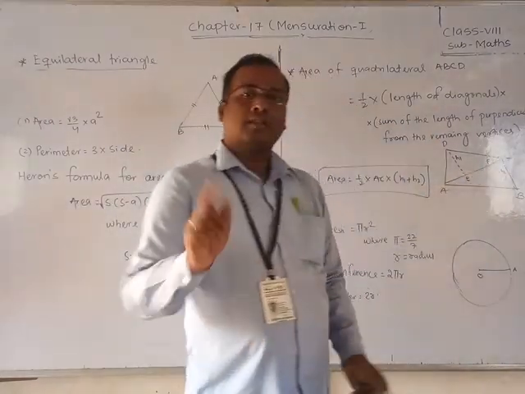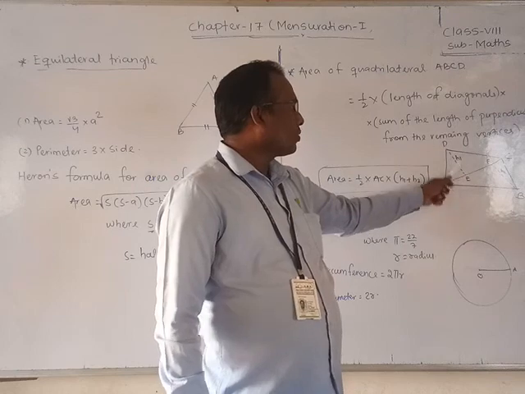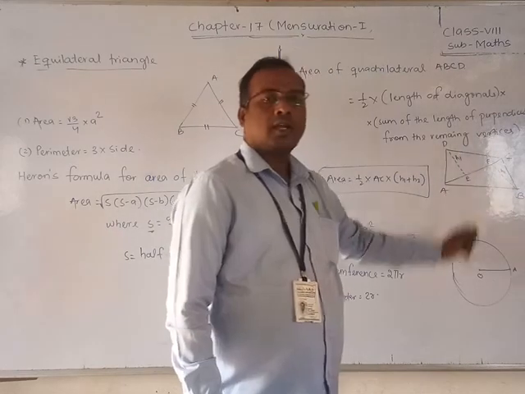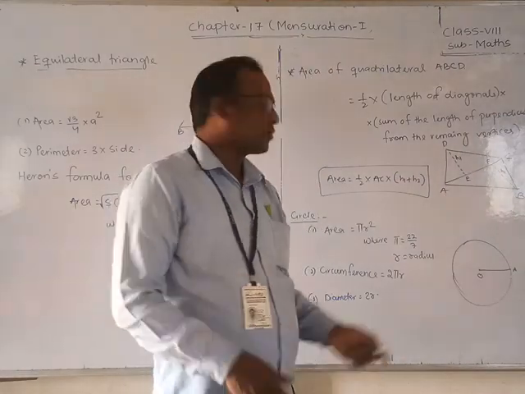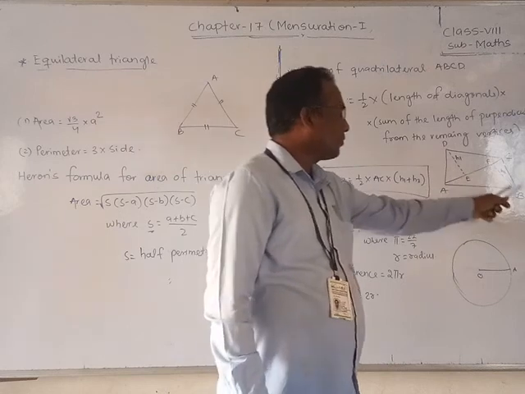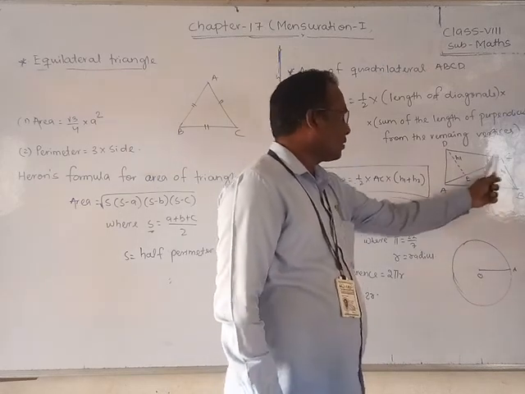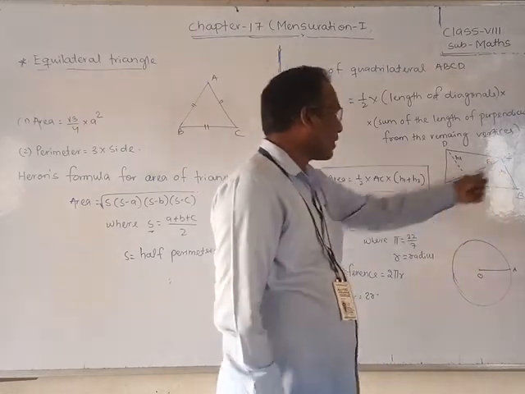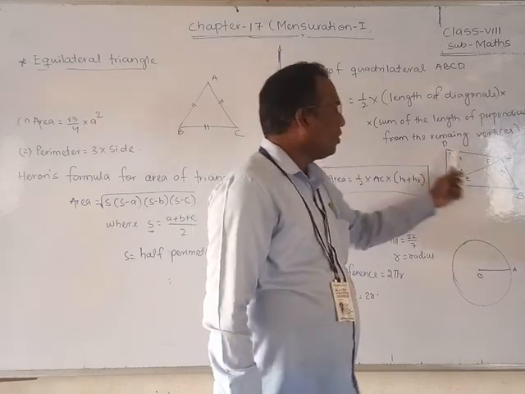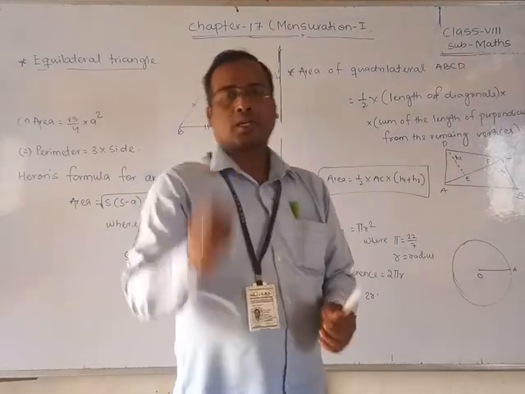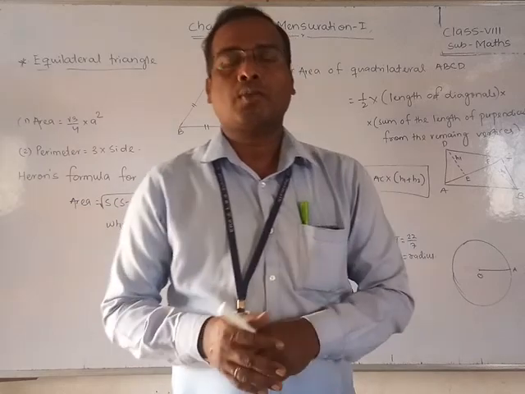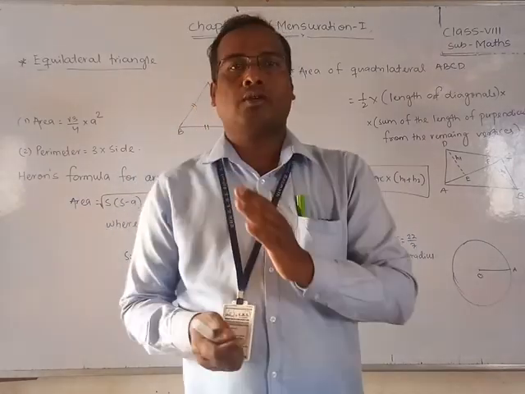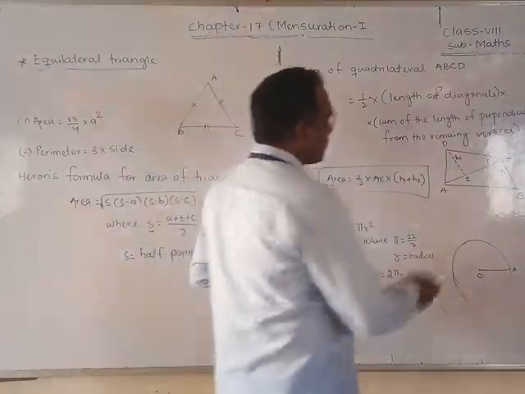Then from the remaining two vertices, you have to find the heights, that is, draw a perpendicular line from each of these vertices to that diagonal. Then we can find the area.